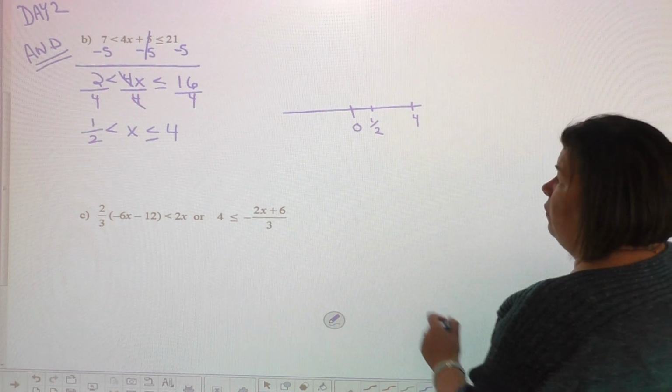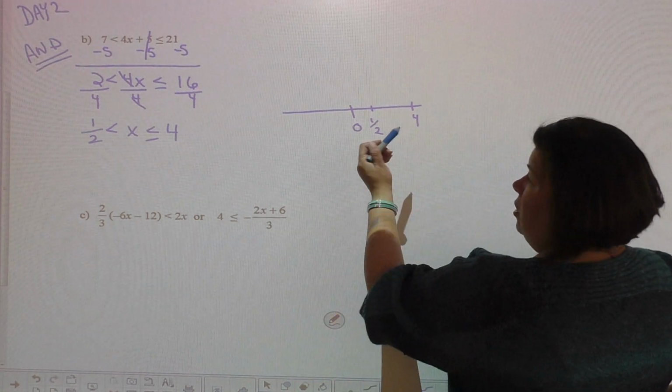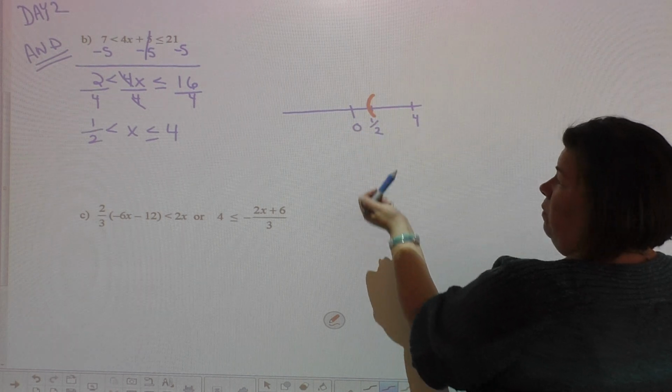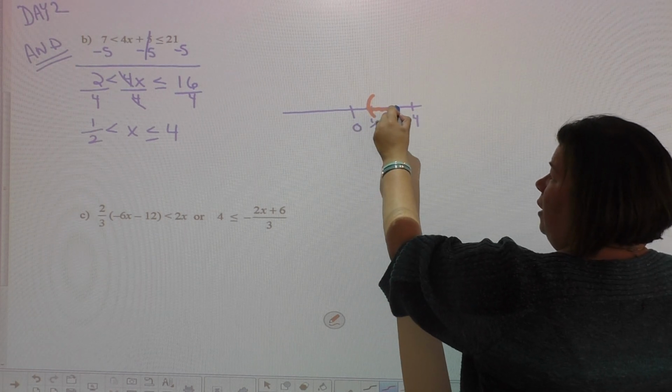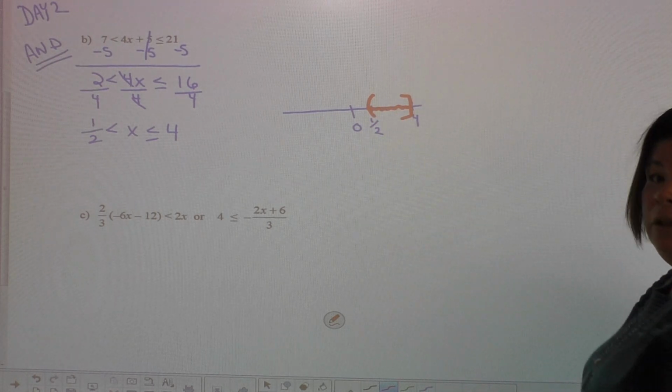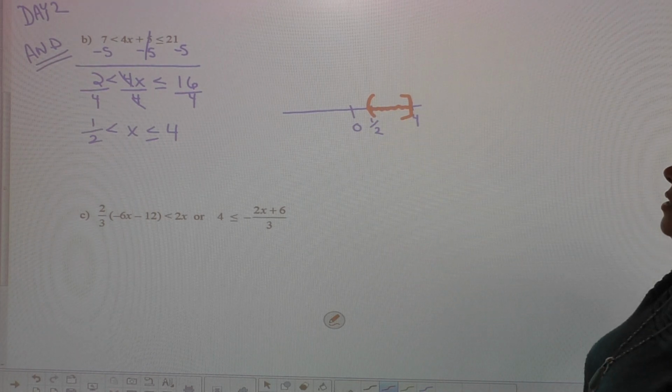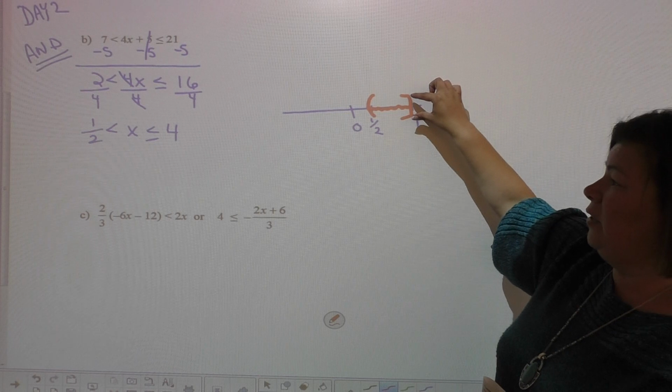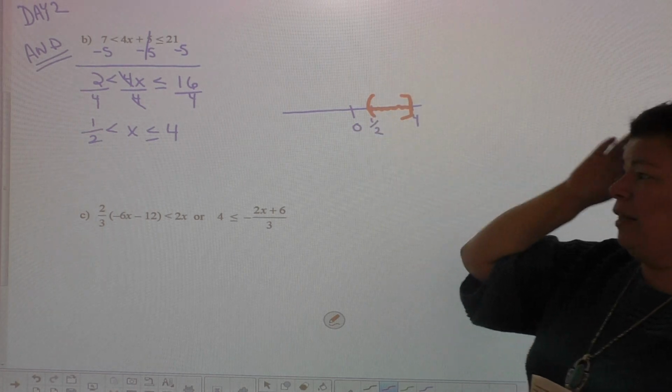So there's a closed interval set there. So all my x values between 1/2, but up to and including 4, are right there, all of those values. So that's our solution. Notice that there's a closed interval here at 4 and an open interval at 1/2.